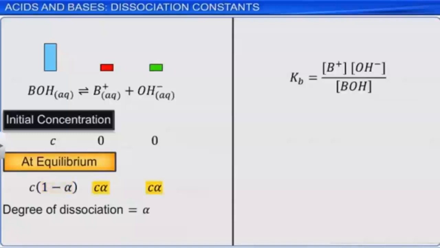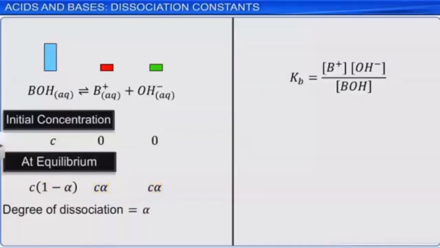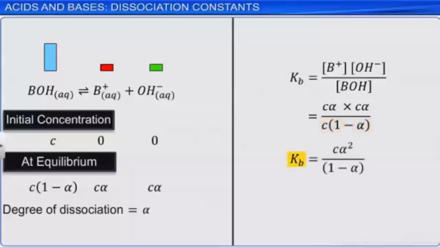The dissociation constant Kb for this dissociation equilibrium can be written as Kb is equal to the product of concentration of OH minus and B plus ions divided by concentration of BOH. Substituting the equilibrium concentrations in this equation, we get C alpha multiplied by C alpha divided by C multiplied by 1 minus alpha. Thus, Kb is equal to C alpha square divided by 1 minus alpha.